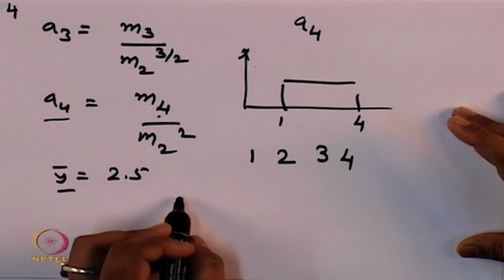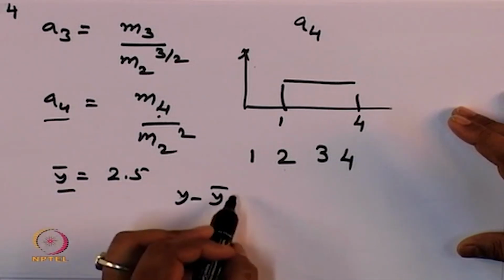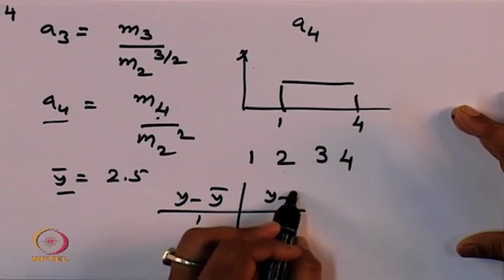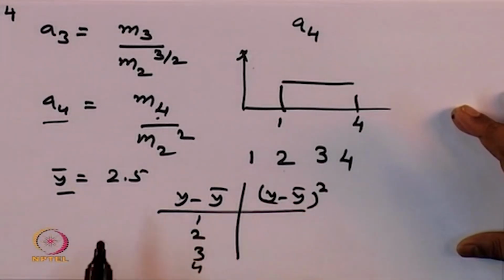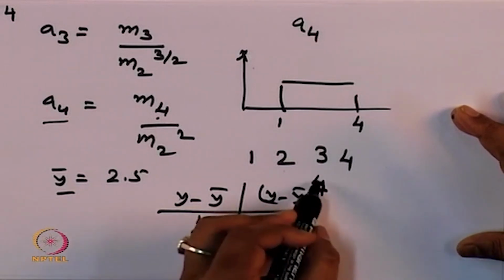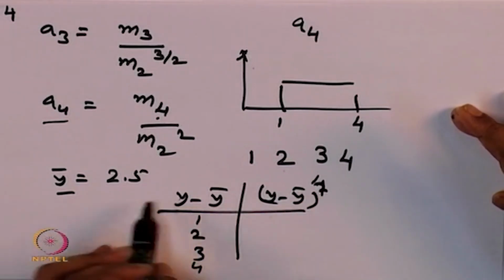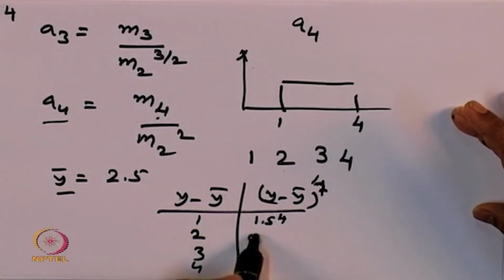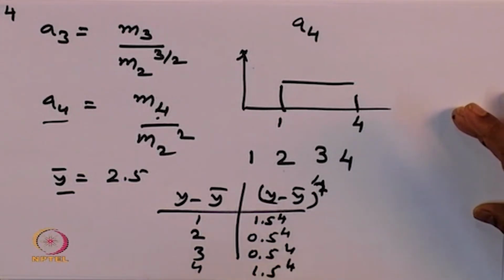So, I can have y minus y bar for 1, 2, 3, 4, then y minus y bar whole to the power 4th. So, this is 1.5 whole to the power 4, this is 0.5 whole to the power 4, 0.5 whole to the power 4, 1.5 whole to the power 4.